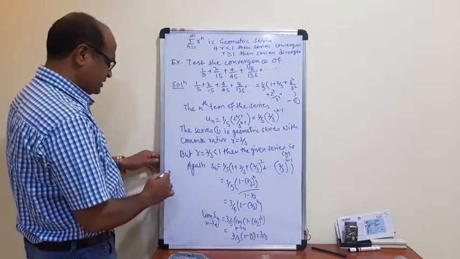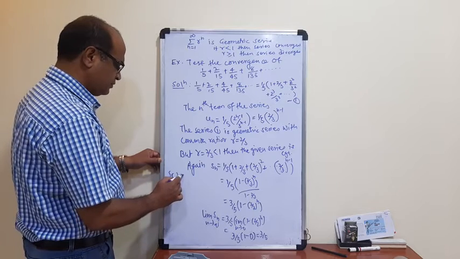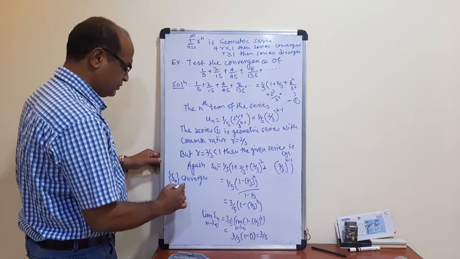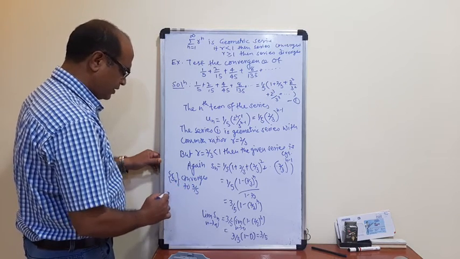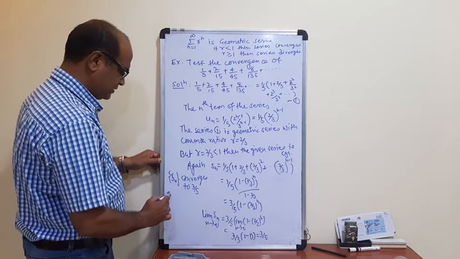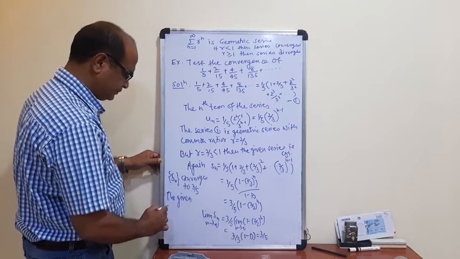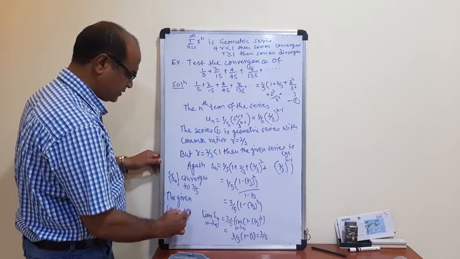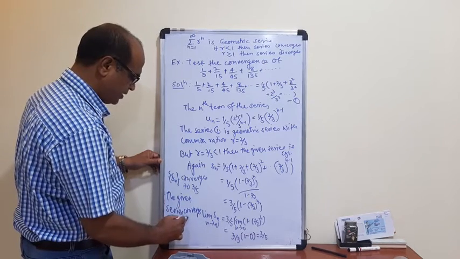Therefore, the sequence Sn converges to 3 by 5. Therefore, by definition, the given series converges to 3 by 5.